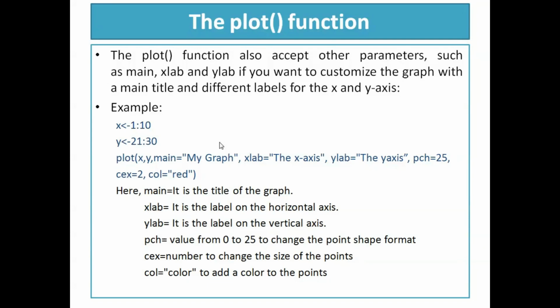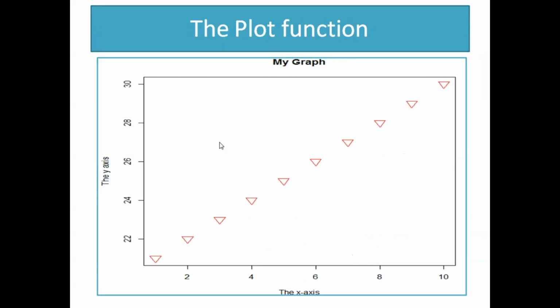And cex is the number which changes the size of the points. And col obviously is to add color to the points. So this is the basic plot function and the parameters which are available. We can see here the outcome of this particular R code. In the demonstration part I will also show the same thing.